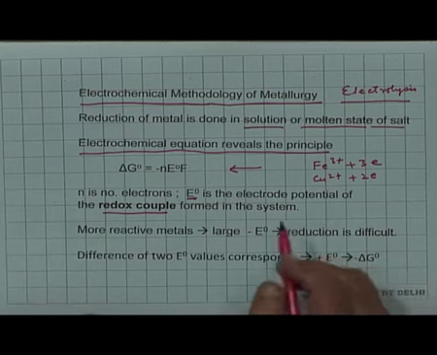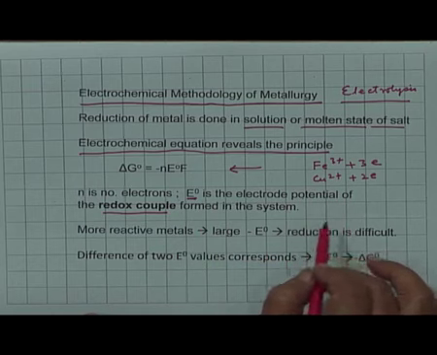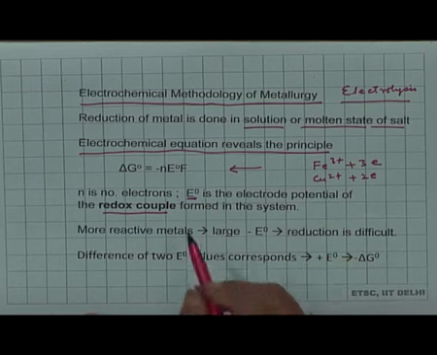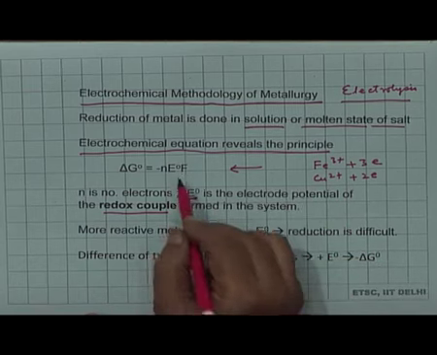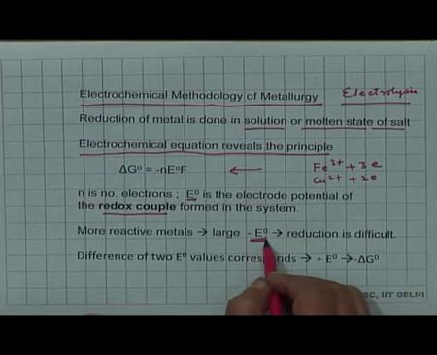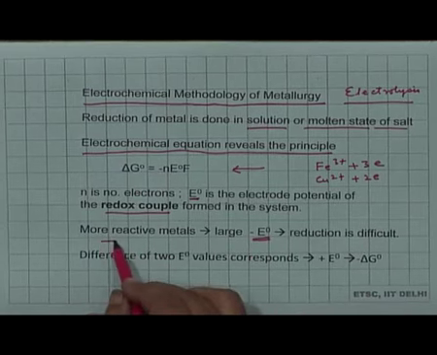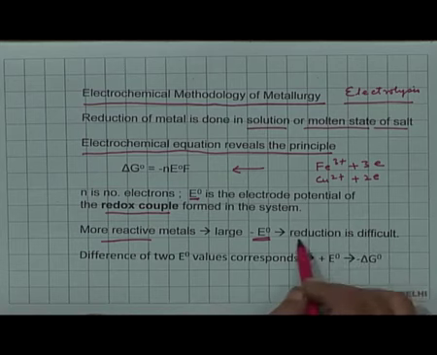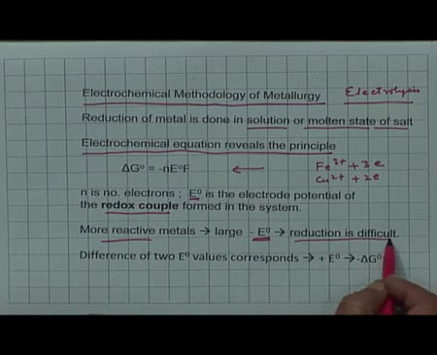So this whole makes the redox couple, and if the E0 is negative, such metals are called more reactive metals, and reduction will be very difficult.